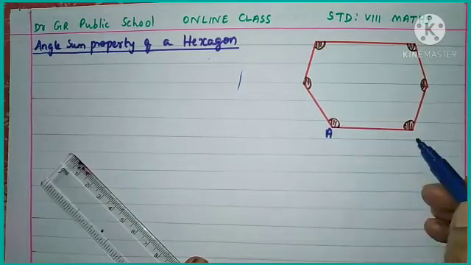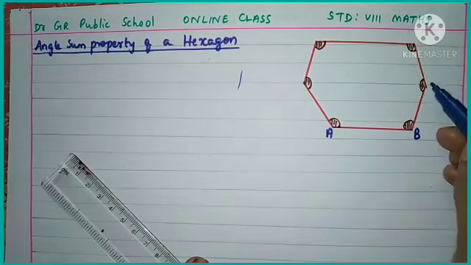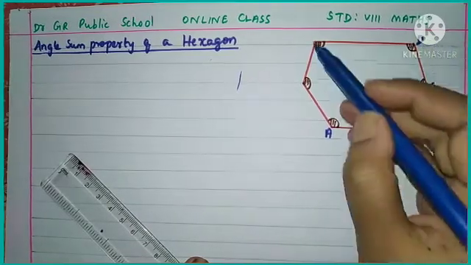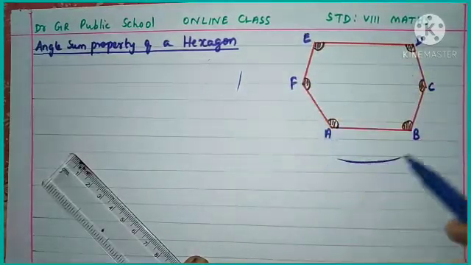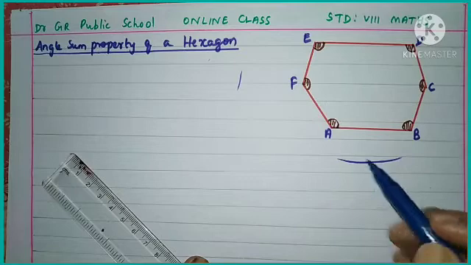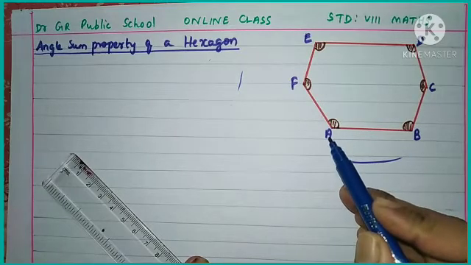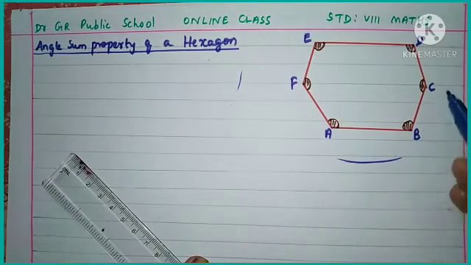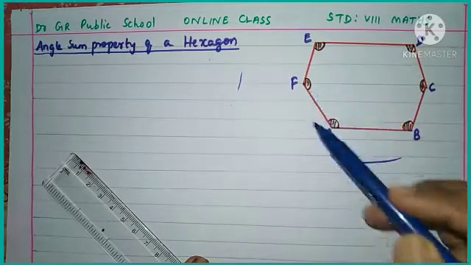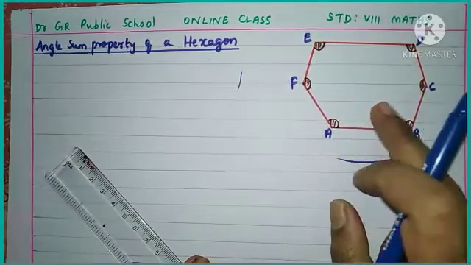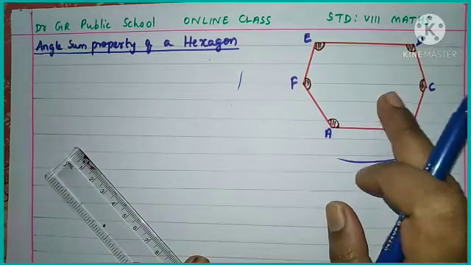If I name this hexagon A, B, C, D, E, F, it has 6 sides. So what are those angles? Angle A, angle B, angle C, angle D, angle E and angle F. So there are 6 angles in this hexagon.